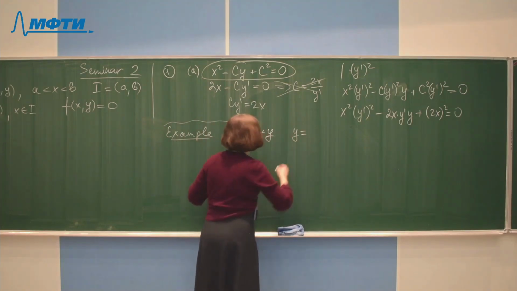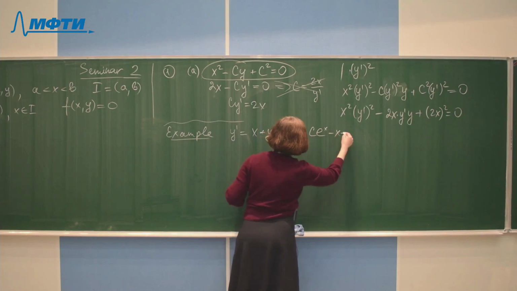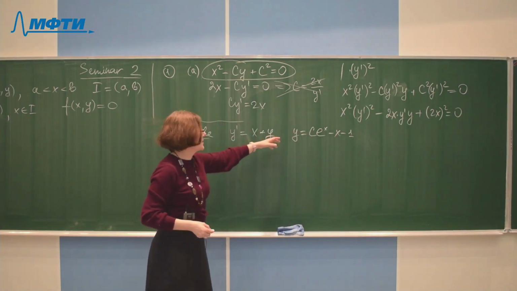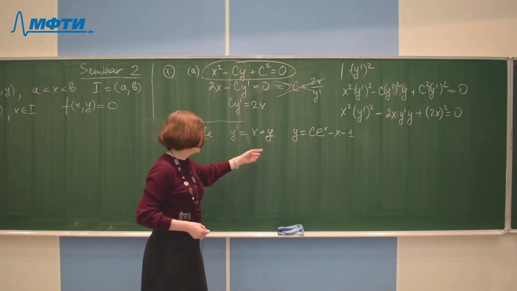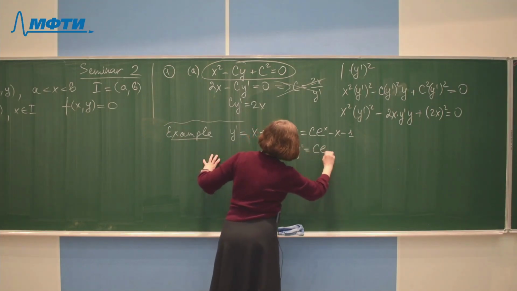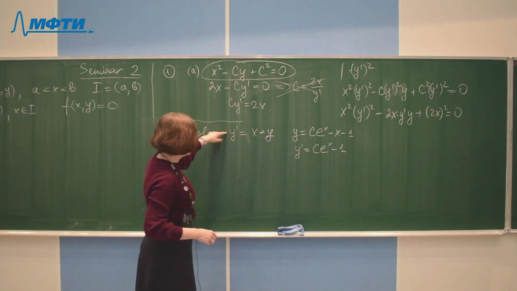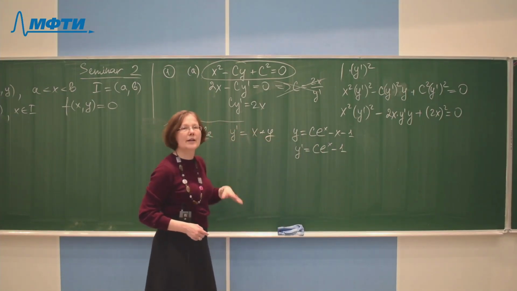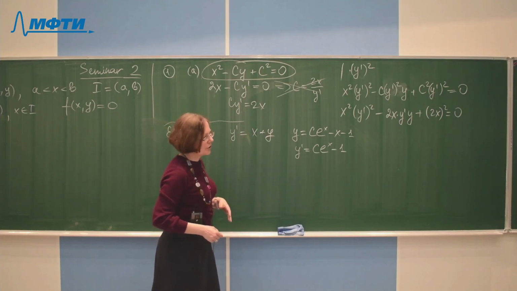So I know that the solution is c e to x minus 1. Let's try to check whether this is a solution or not. To check, we need to find the derivative. It will be c e to x minus 1. And then substitute the derivative and the original function into our equation and check that this equation will turn into an identity.